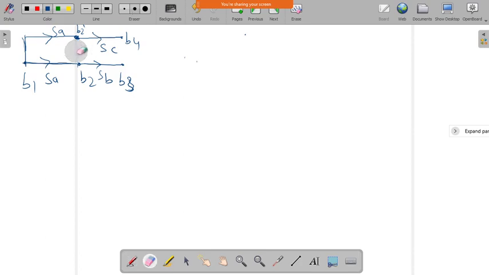Earlier it was going like this, now we have split it and it is going like this. We write the same multiplying factor so that I can directly write the signal from B1 to B4. So this is the splitting rule.